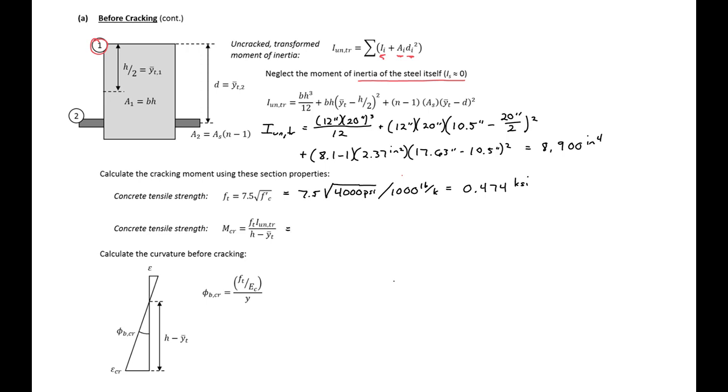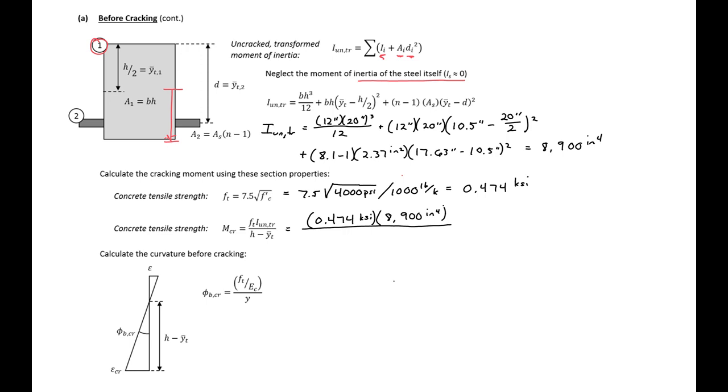We can then calculate our M cracking. So we'll have our f t, 0.474 ksi, times our I uncracked transformed, which we just found to be 8,900 inches to the fourth, and then divide this by the distance between the centroid of our overall section and the bottom of our section, which will be where our concrete cracks.